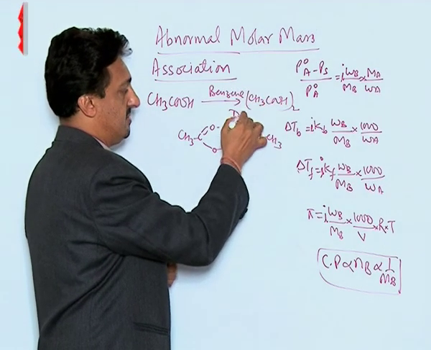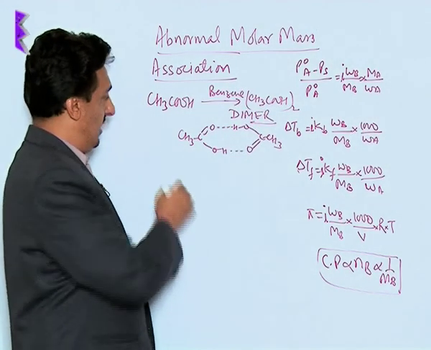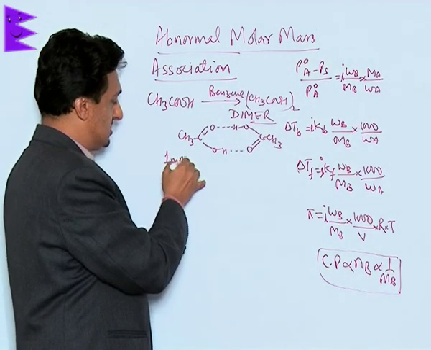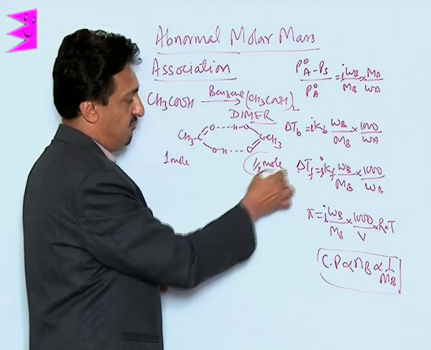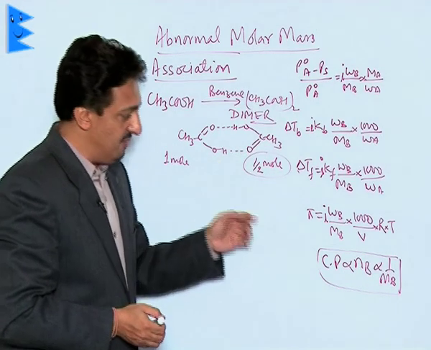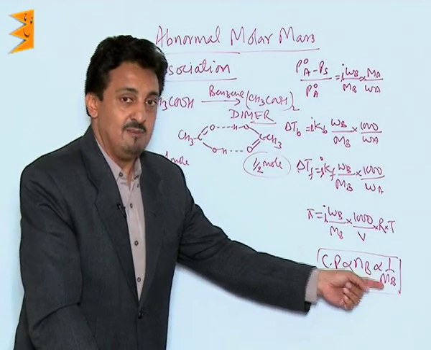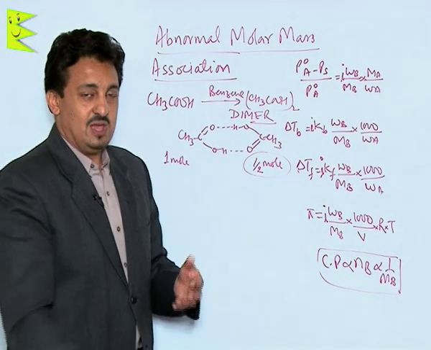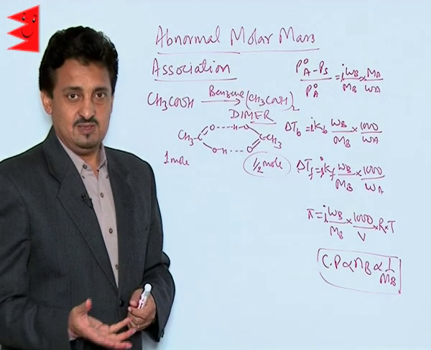So if we have 1 mole of this acetic acid in solution, actually it becomes half mole. Since the number of moles experimentally becomes half, we can make out the colligative property will also become half, but the molar mass will become double. And that is why in place of 60, its experimental molar mass was coming out to be 120.